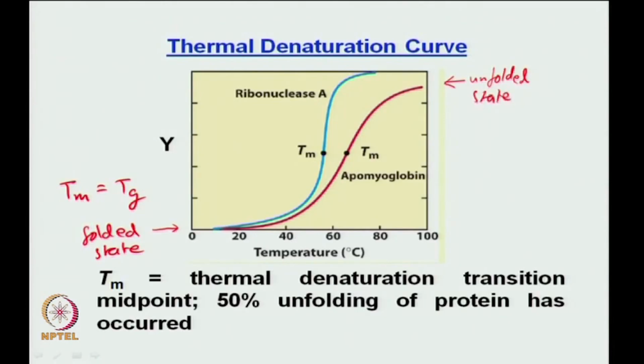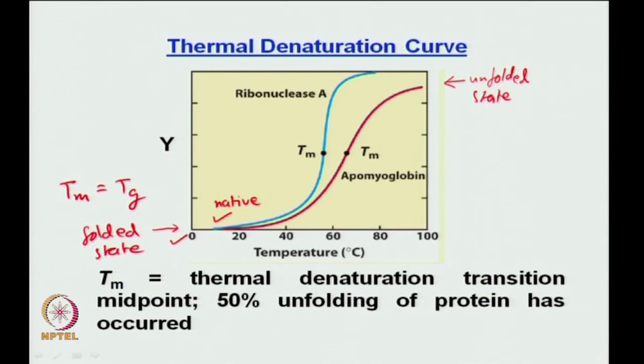See, what have you done? You have started from here, essentially here, right. There the protein was in the most stable form, that is the native form of the protein. Okay. So, I can write the native form of the protein.